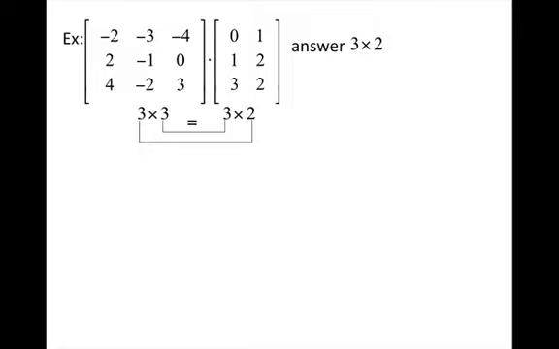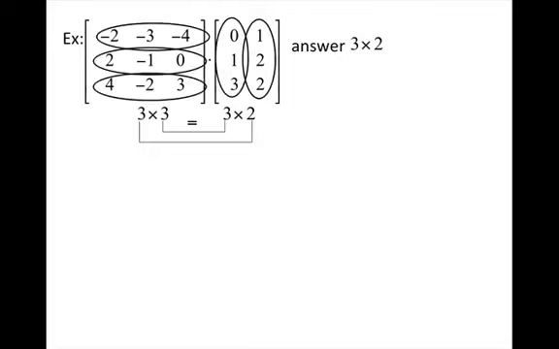So once you determine the matrices can be multiplied, I multiply the rows in the first matrix by the columns in the second matrix. So I have 3 rows in the first matrix. Each of those 3 rows have to be multiplied by the 2 columns in the second matrix.